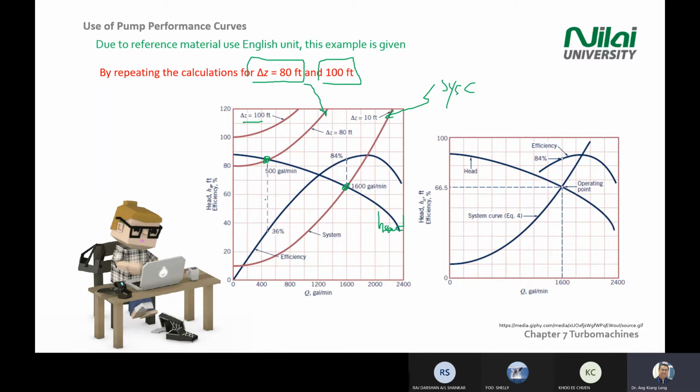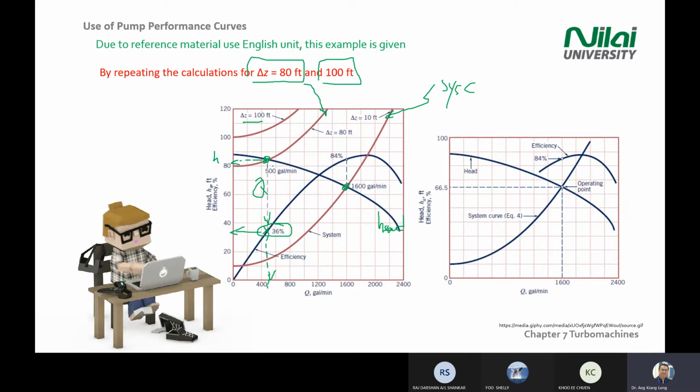It will intersect the head, then you project down and you get Q. Project left, you get head. And the next one, you want to get efficiency. If you go up, you don't see efficiency, so you go down to find the intersect of the efficiency line. In this case, you get 36%. You project down from this point, then you read to the left, you get 36%.